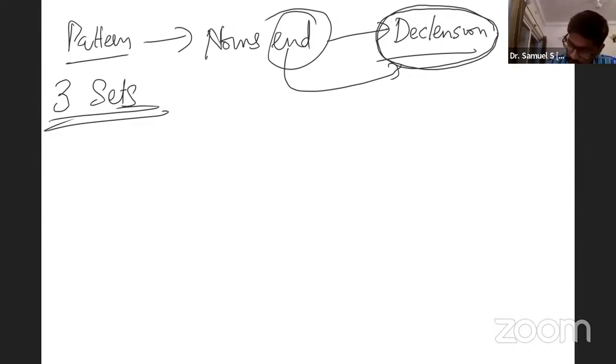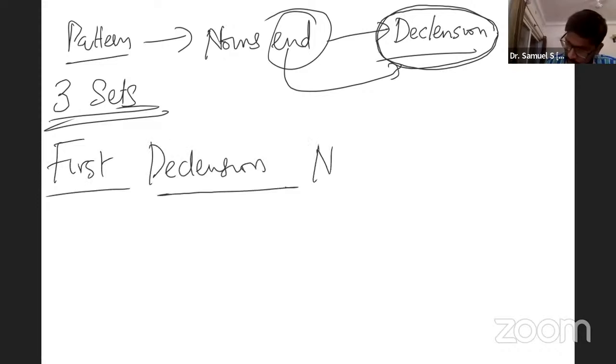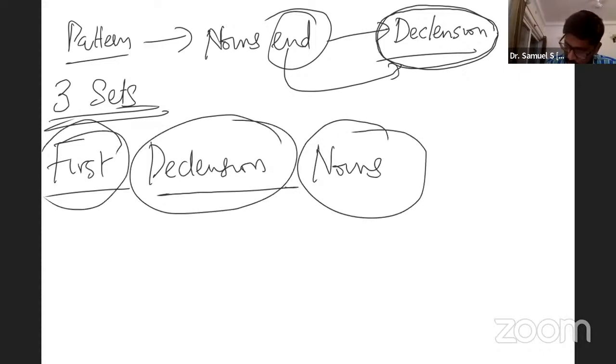The first set is called the first declension. So when the lesson says first declension nouns, first means this is the first set. Nothing more than that. First set of nouns.